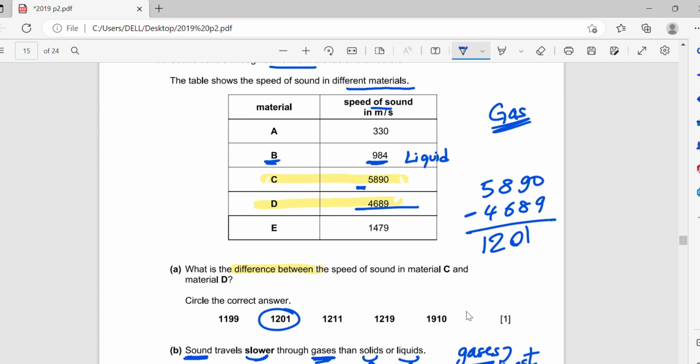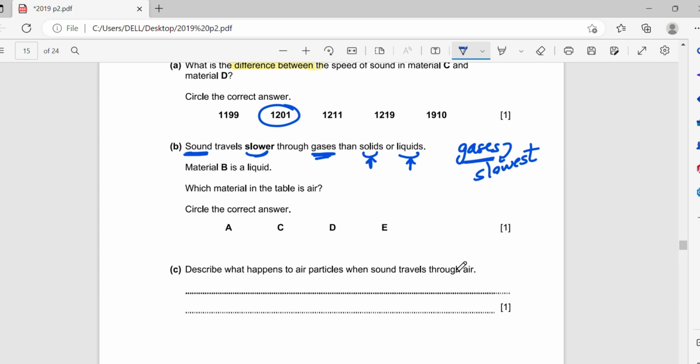Gas يعني عندنا نختار material that has the slowest speed. مين is the slowest هنا؟ هو material A لأن الفاليو 330. يبقى which material? Material A.